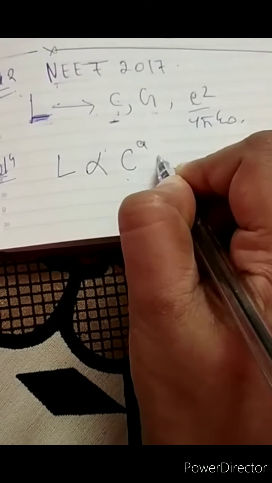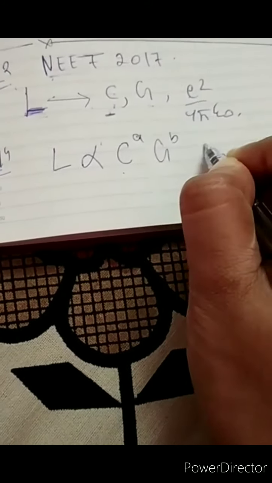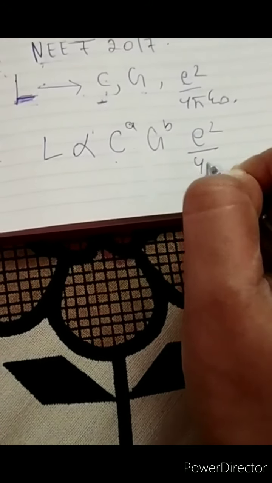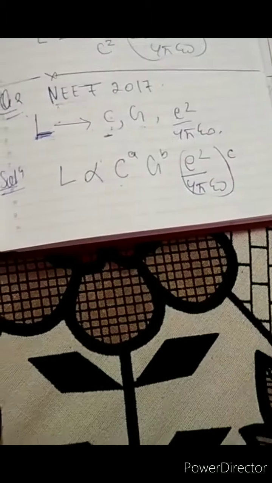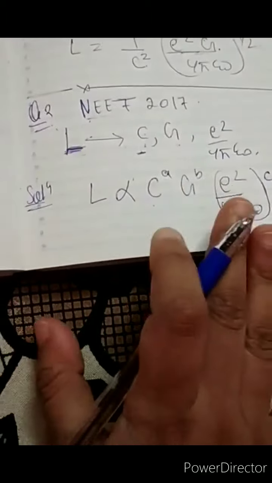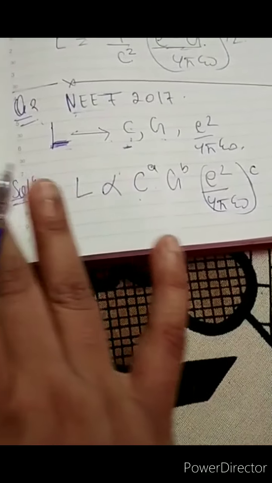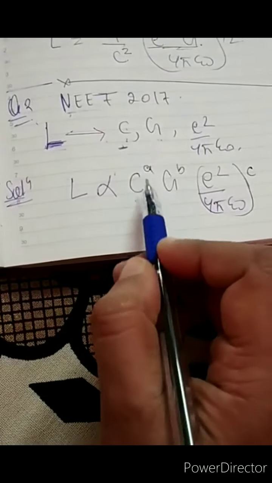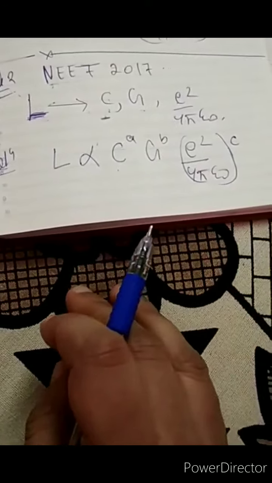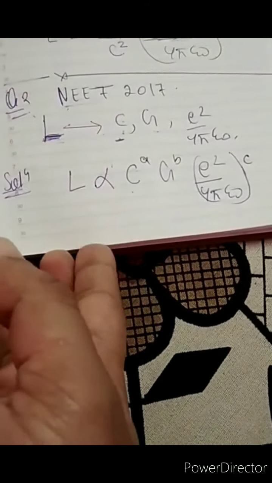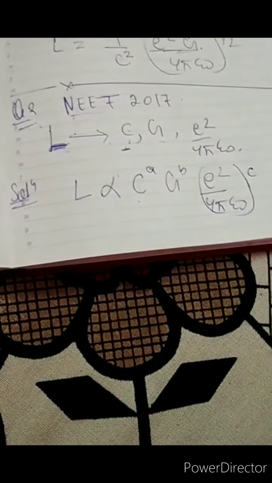Let's say it is C to the power A, G to the power B, and E square upon 4 pi epsilon 0 to the power C. Correct? We already did this in part 1, part 2, part 3, where I gave the introduction of why I have taken A, B, C. So please go through it and check the videos. Thank you. We are just solving numericals that were asked in competitive exams.